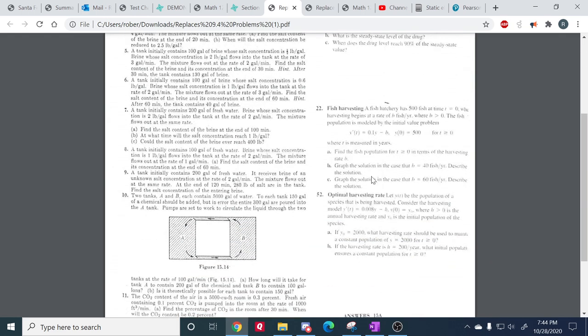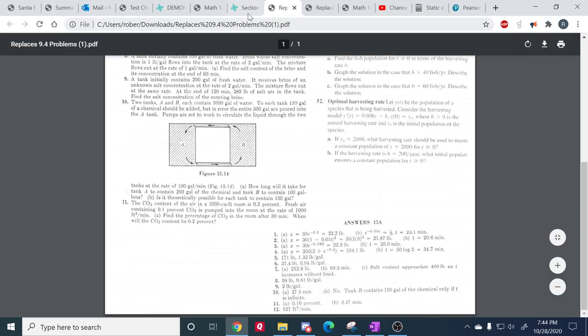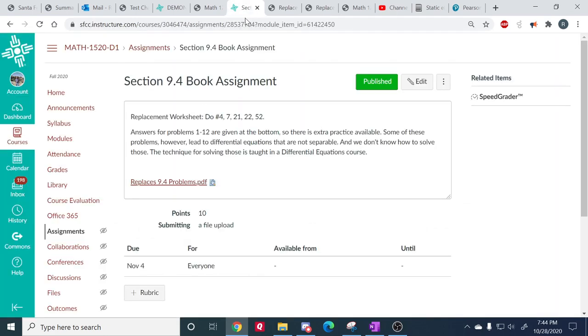We've seen some problems similar to these. It says answers for 1 through 12 are given at the bottom, so there's extra practice available. Some of these problems, however, lead to differential equations that are not separable, and we don't know how to solve those. The technique for solving those is taught in a differential equations course.